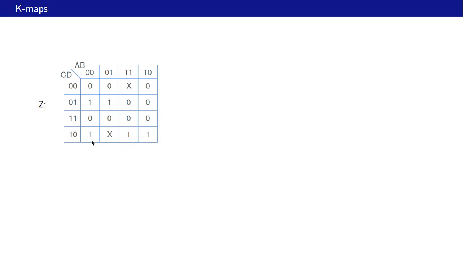This one is actually adjacent to this one here, and therefore these two can be combined as well. So we have 3 rectangles, that means 3 product terms in the final expression, and each term will have 3 variables. So that is the situation, and it turns out that we can do better than that, and let us see how.